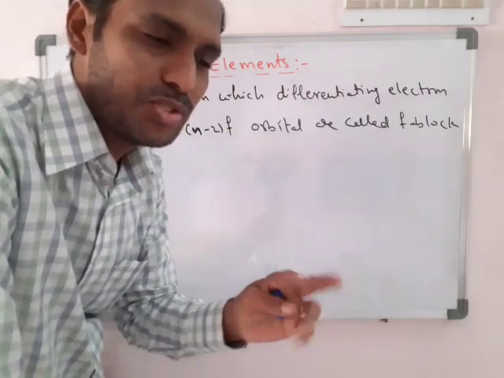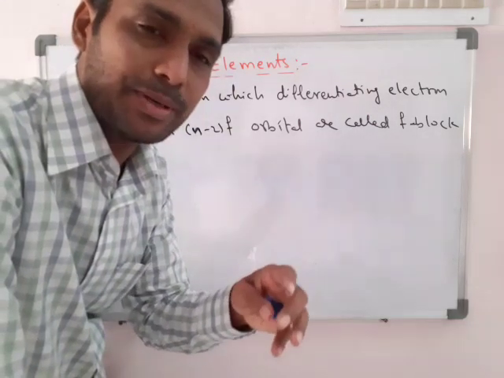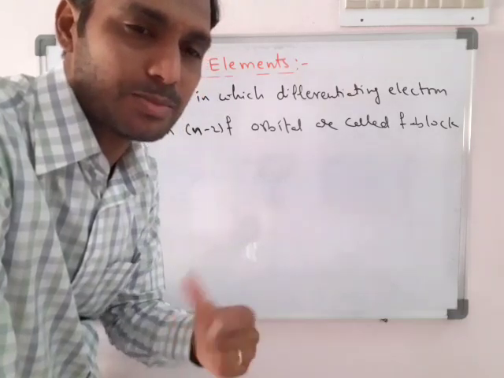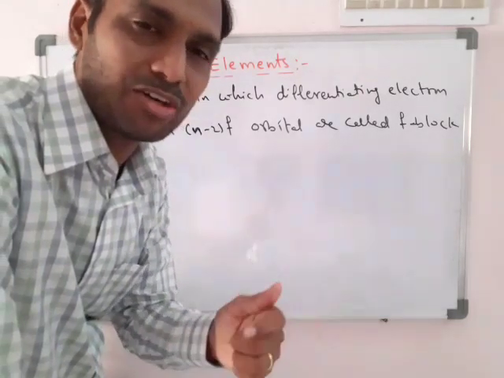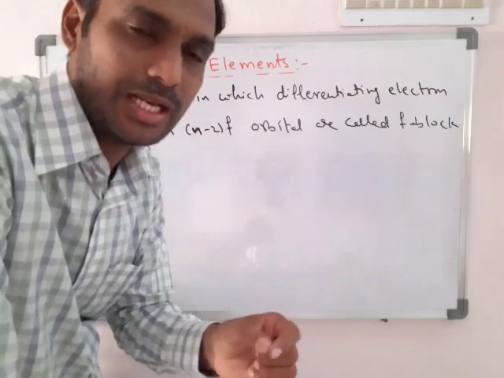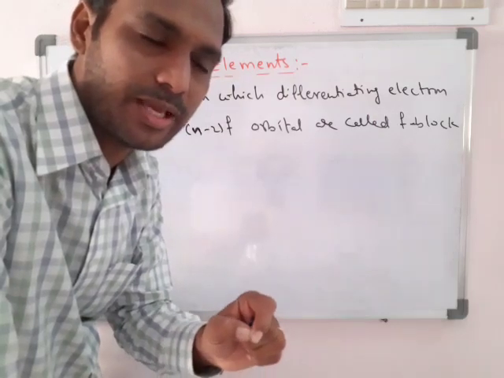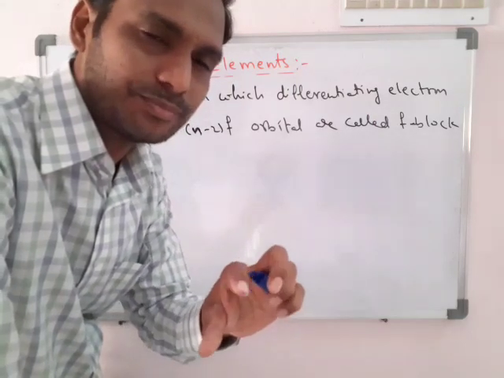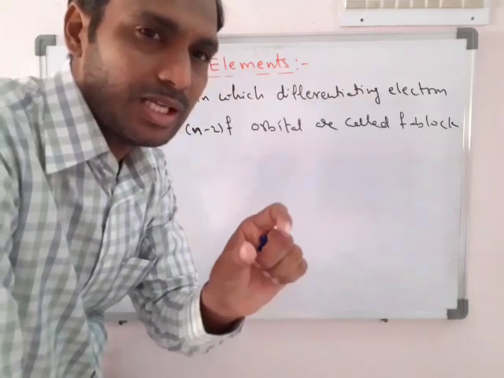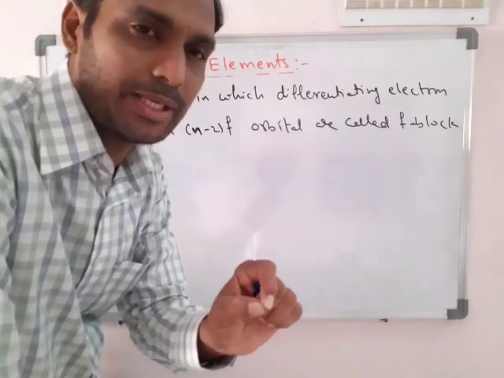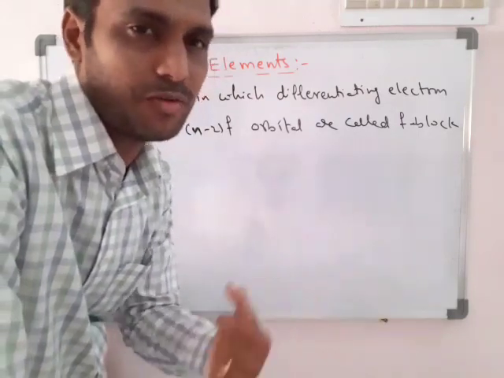They are treated separately as F block elements because if you observe their electronic configurations, the differentiating electron is coming at the n minus 2 f orbitals.